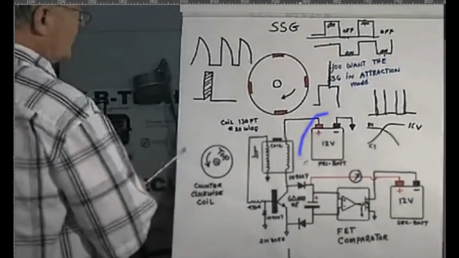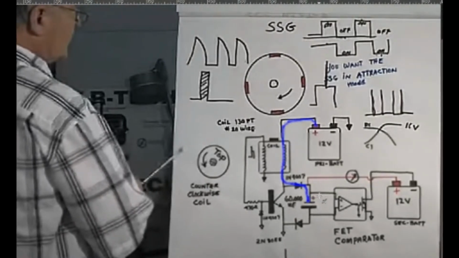This is your run battery. See positive going through this diode to charge this capacitor. Positive to charge the capacitor, positive on one end.